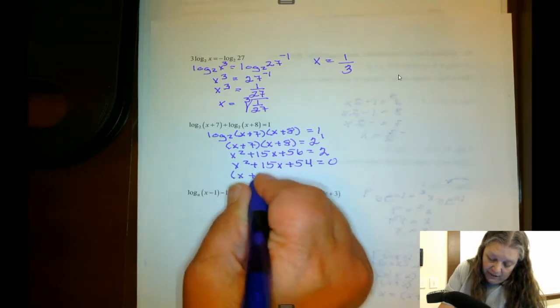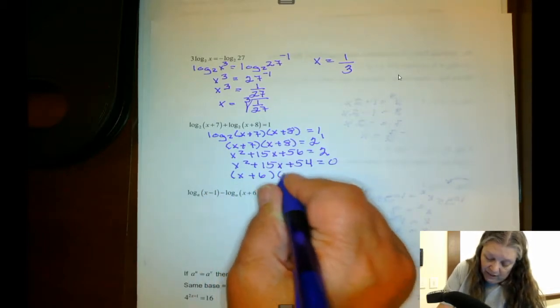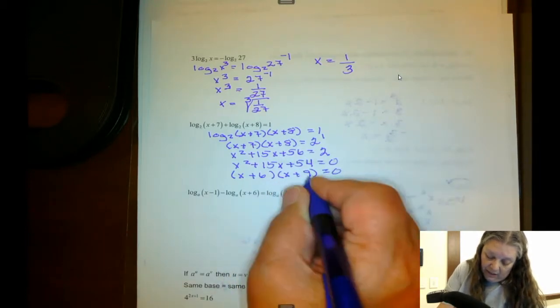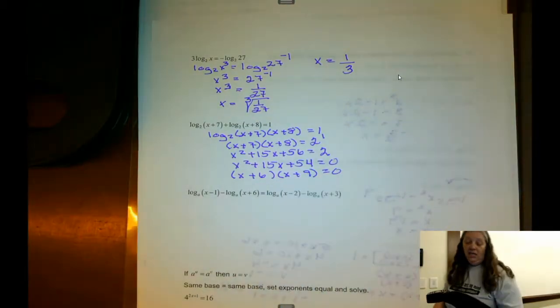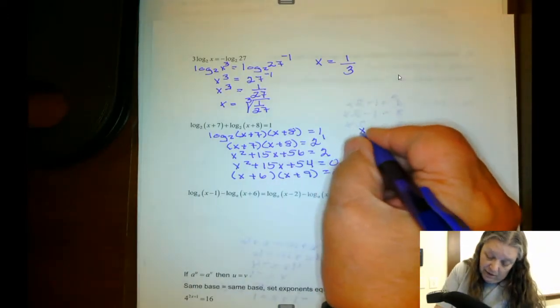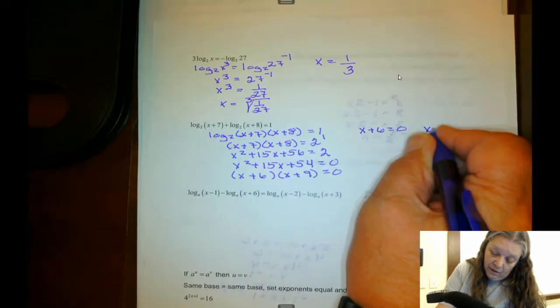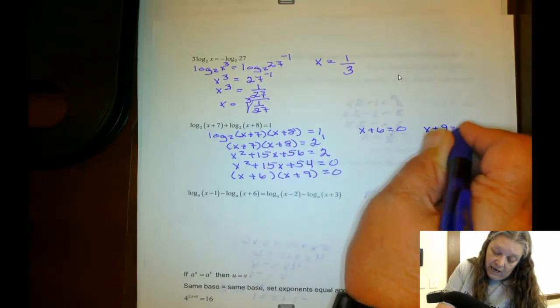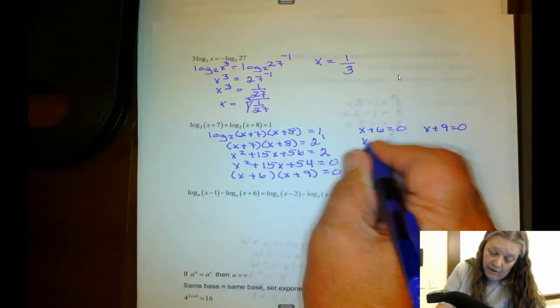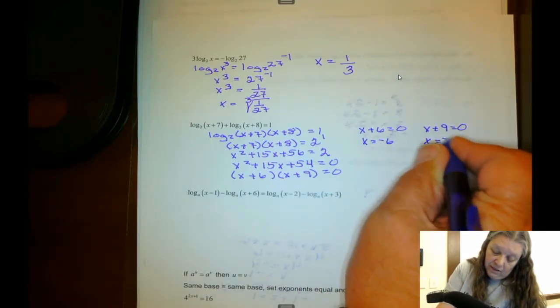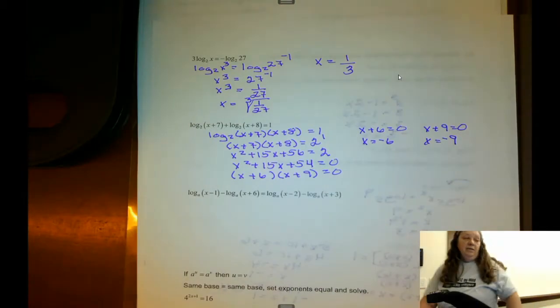Factor would be x plus 6 and x plus 9, because 6 plus 9 is 15. So we have x plus 6 equals 0, x plus 9 equals 0, x equals -6, x equals -9.